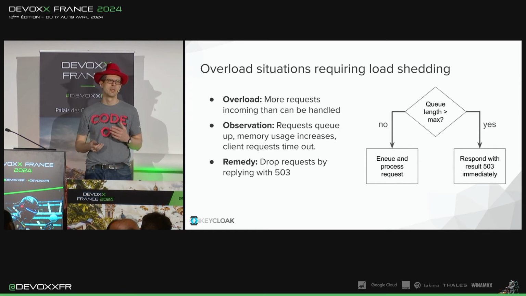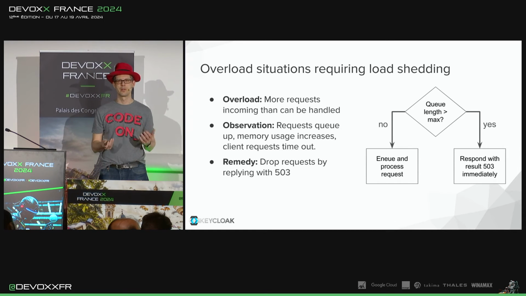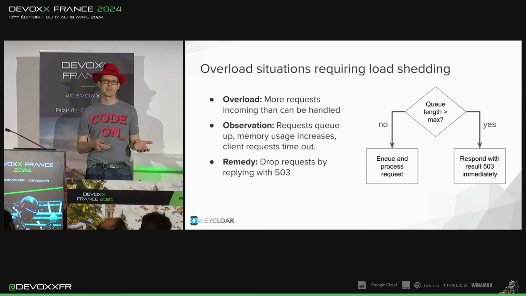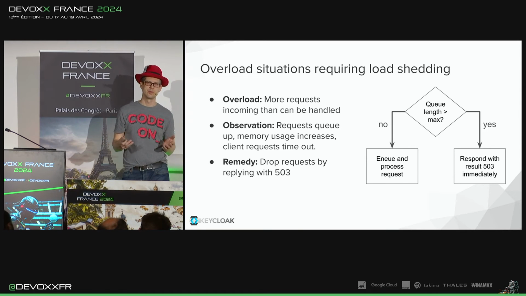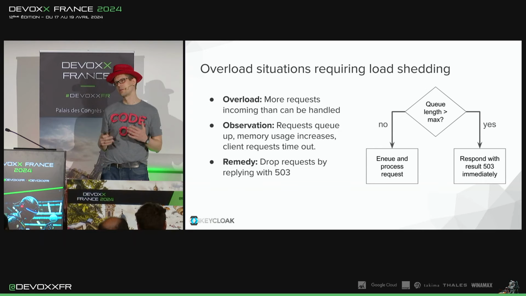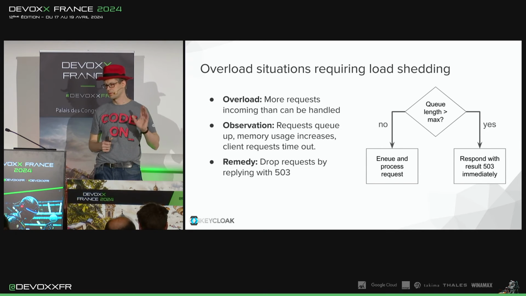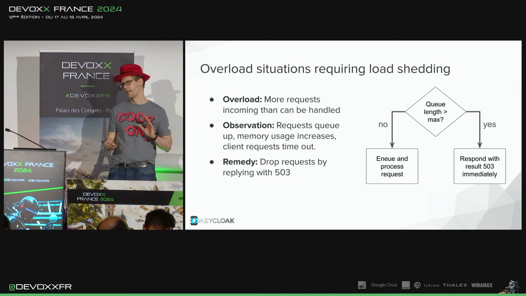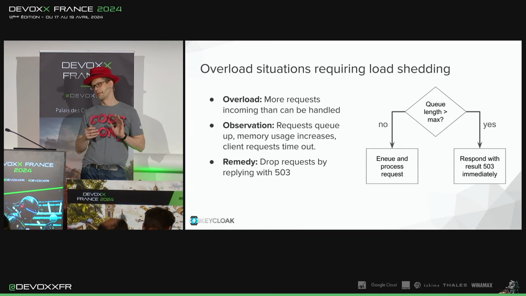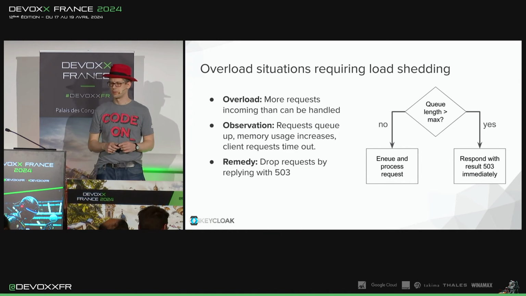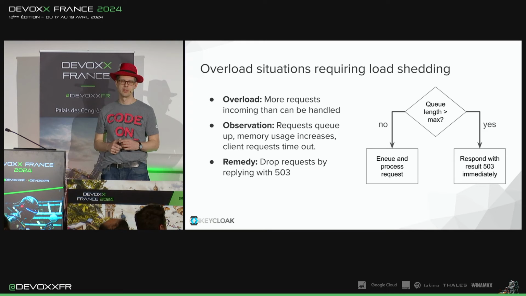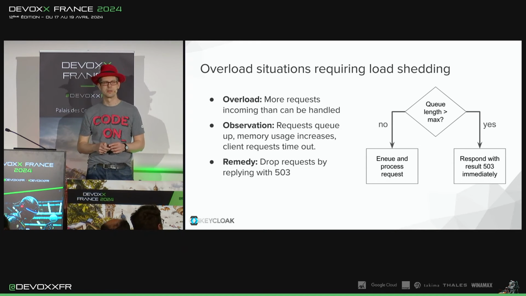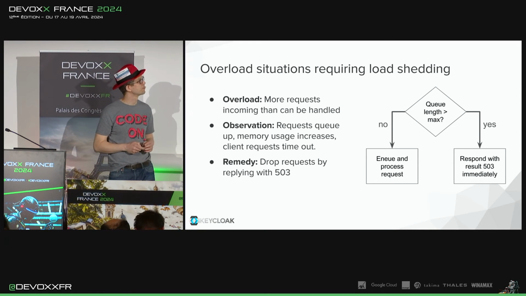So imagine you have a system that you know can handle 200 requests per second, and you configure the queue with around 1,000 requests. You can estimate that no request will be in the queue for more than 5 seconds, and all the other excessive requests will get a response immediately with 503, without bringing our system to the edge of collapse.